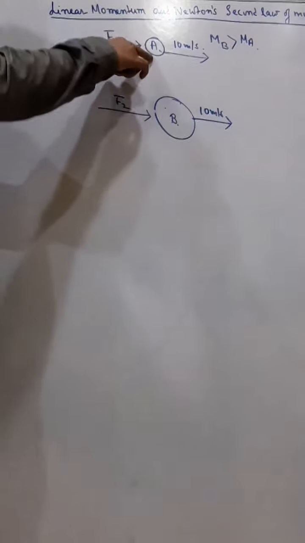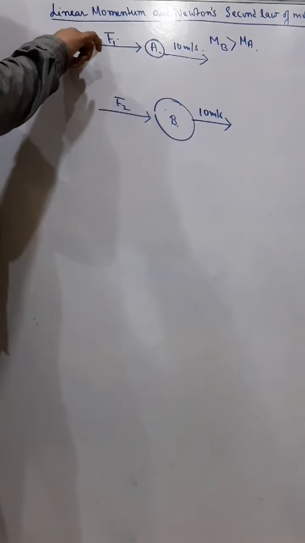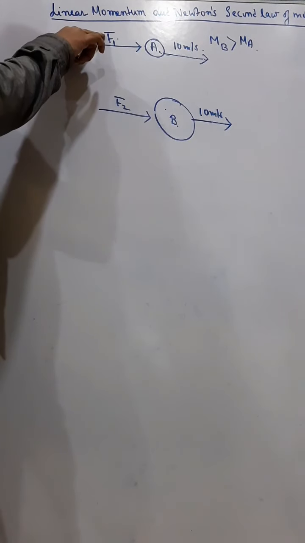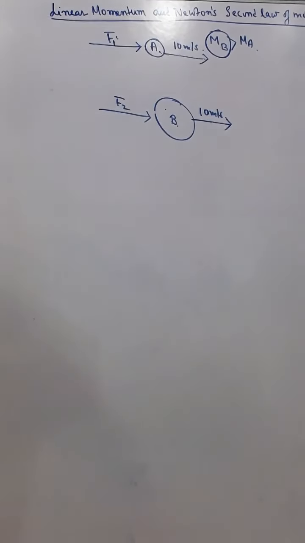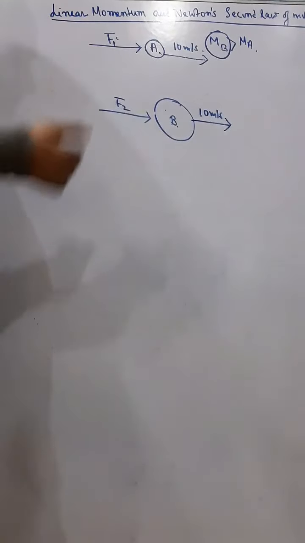So for A I have to give a lesser force and for B I have to give a greater force. Why? The difference is the mass here. So from here we can understand that the greater the mass of the body, the more force is required to move the body to the same extent, right?